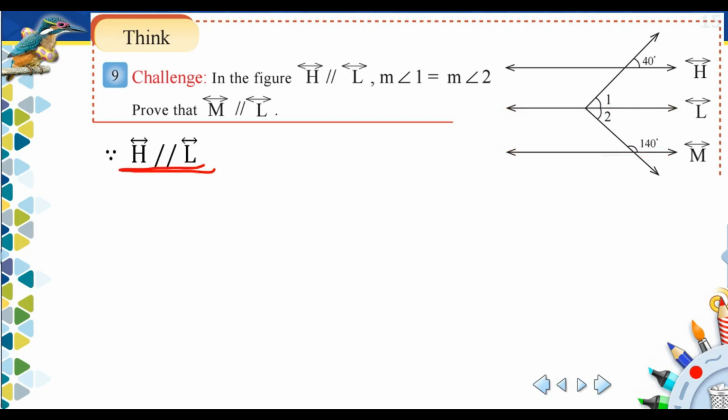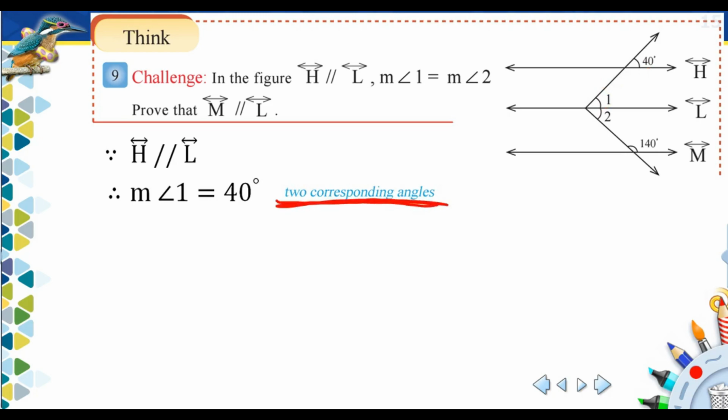Line H is parallel to line L. That means measure of angle 1 is 40. Why? Because two corresponding angles, this angle and this angle are corresponding, so also 40 degrees.